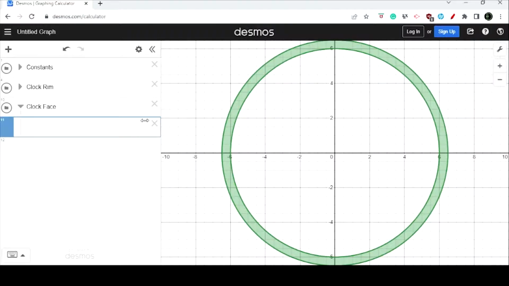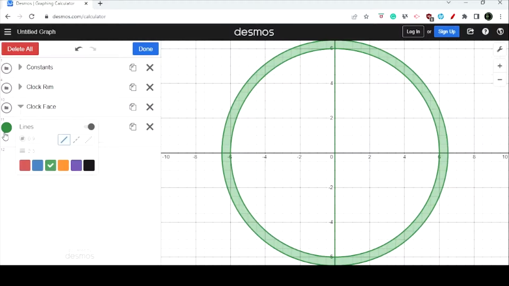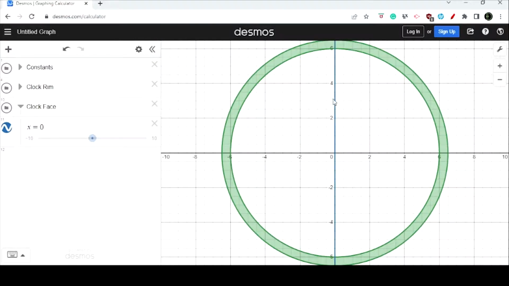For this vertical line here, it would just be x equals 0. And let's define it from this point here. This looks like 5.5 down to minus 5.5.